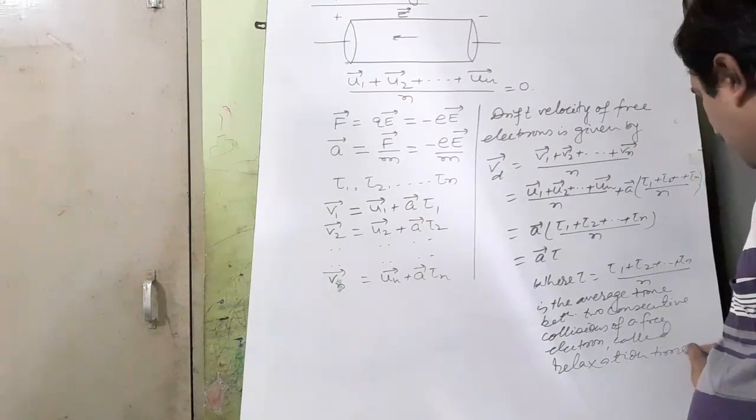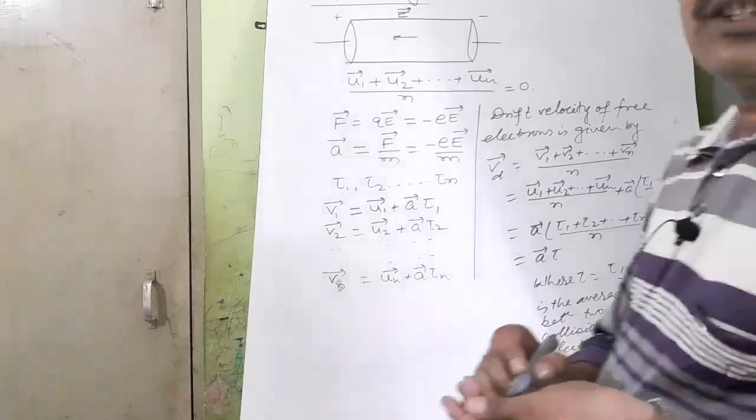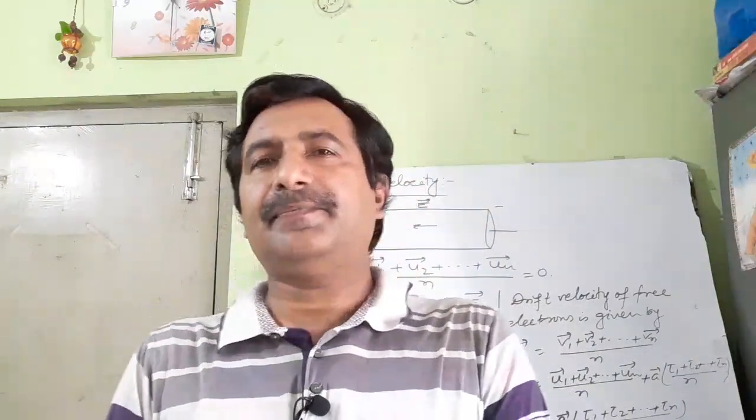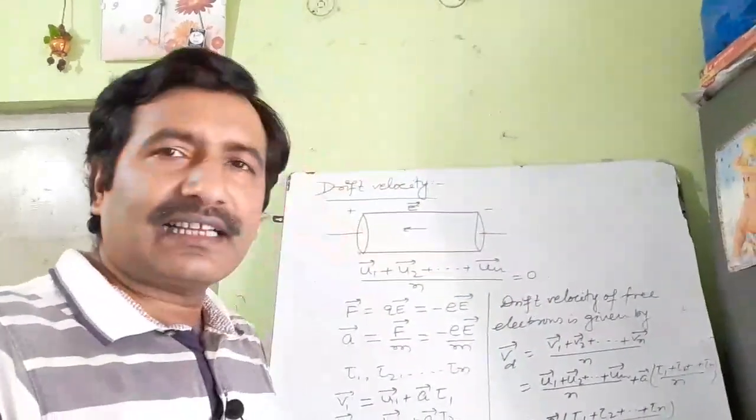Why is it called relaxation time? You know the word relax. In the time between two consecutive collisions, electrons remain relaxed. Hence this time interval is called relaxation time.